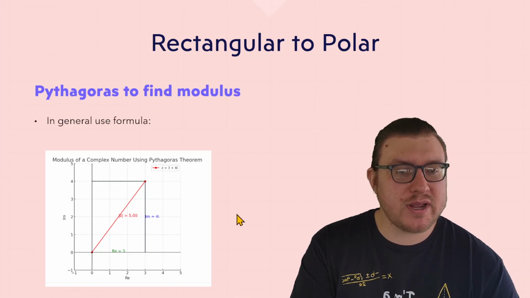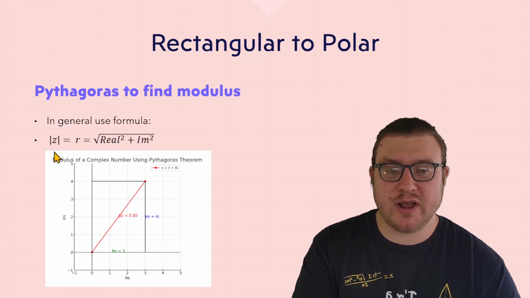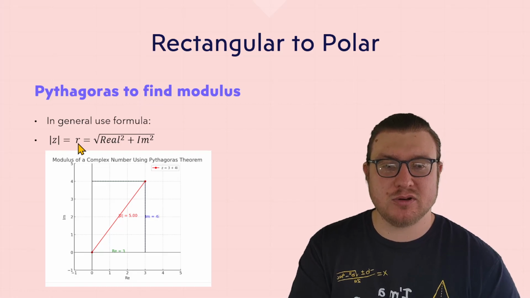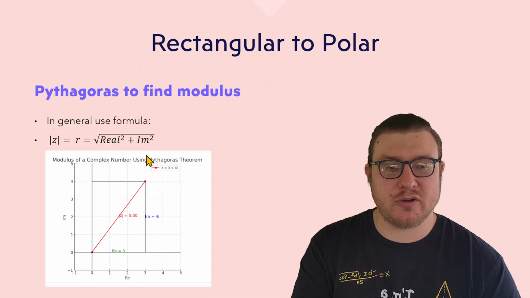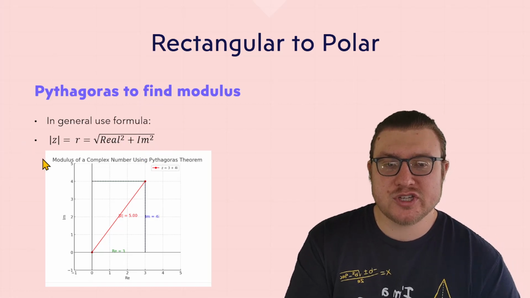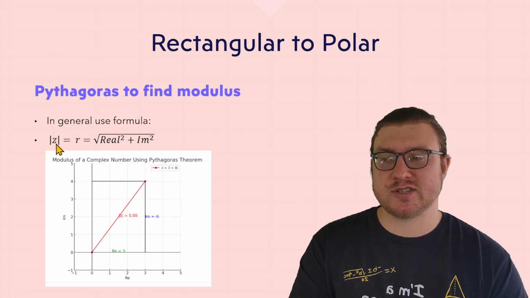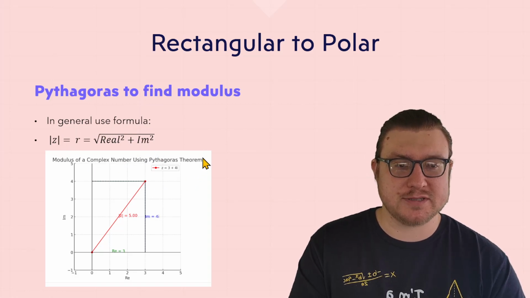So in general, we can use the formula that |z|, the absolute value of z, or you should call it the modulus of z, is equal to r, the radius, which is the square root of the real part squared plus the imaginary part squared. This should be in your formula sheet, but you should know this one by heart because this is one of the most fundamental concepts in complex numbers.